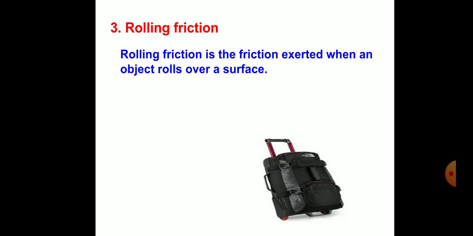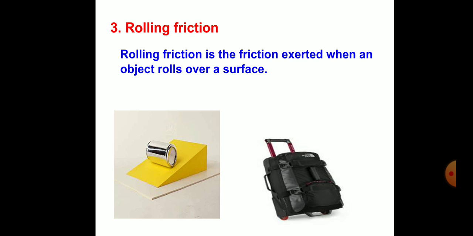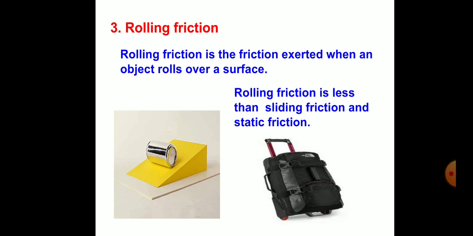That is the reason it is convenient to pull luggage fitted with rollers. Since rolling friction is smaller than sliding friction, sliding is replaced in most machines by rolling, by the use of ball bearings. In ceiling fans also, the blades of a fan are fitted with ball bearings, where it is easier to move the parts. So the friction is reduced.